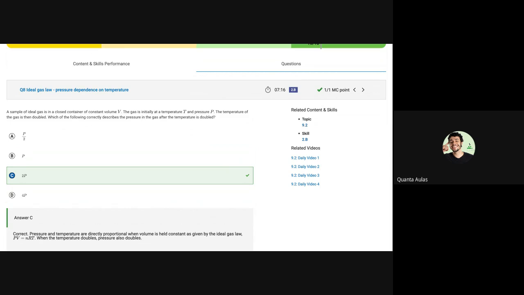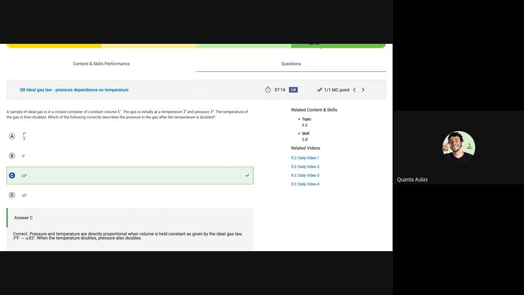So if you compare two situations, you don't need this. You can just use this form, right? So in this situation we have constant volume, so we can simplify this, and you have just this.